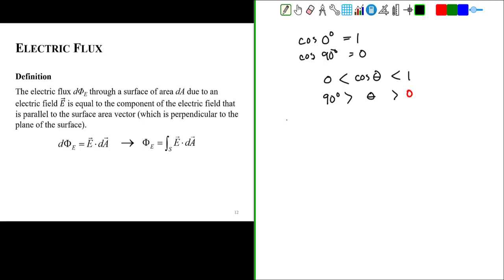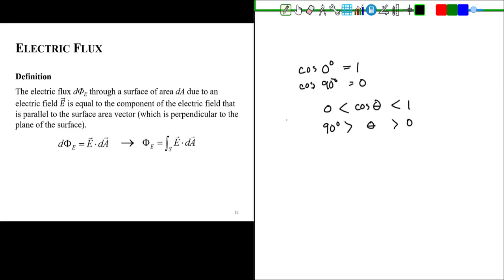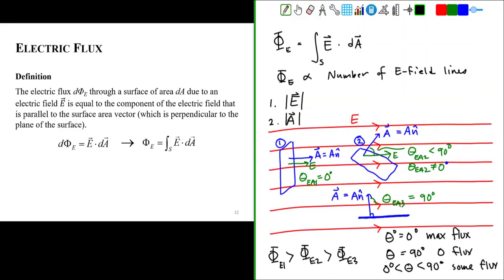The greater the angle between 0 and 90 degrees, the smaller the flux, as you could see here. When our angle was 0 degrees, we had maximum flux. When our angle was 90 degrees, we had 0 flux. When our angle was in between 0 and 90 degrees, we had some flux.